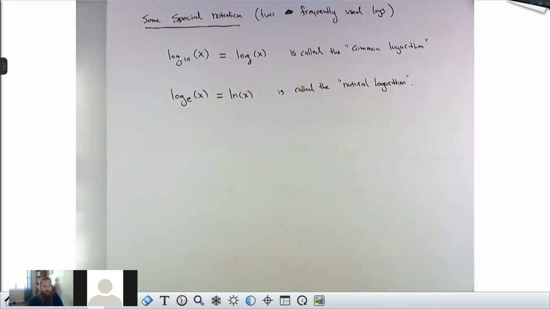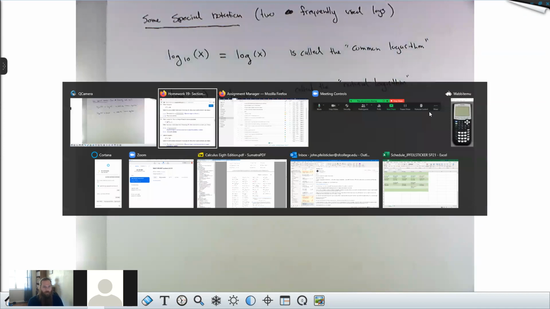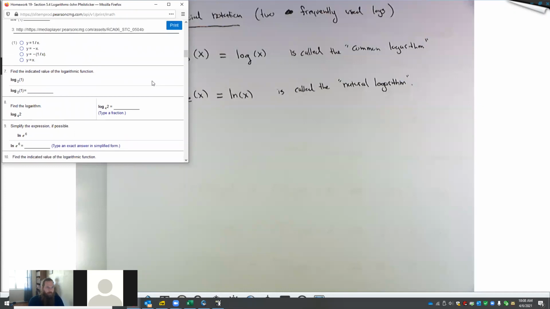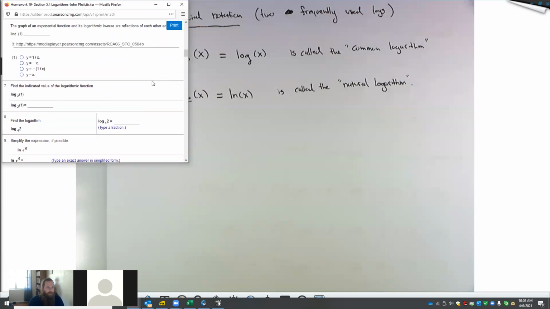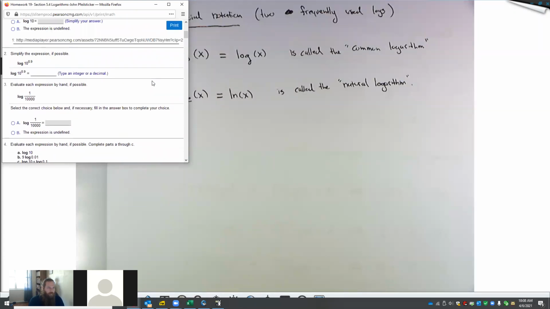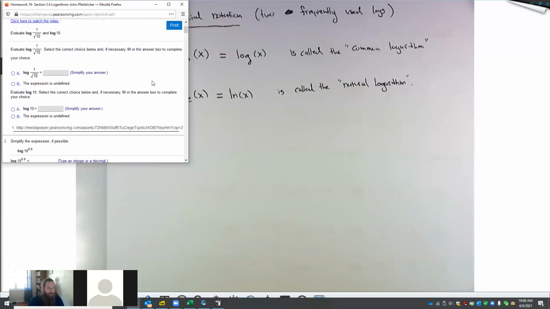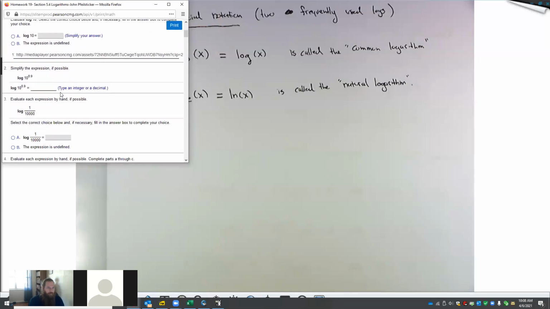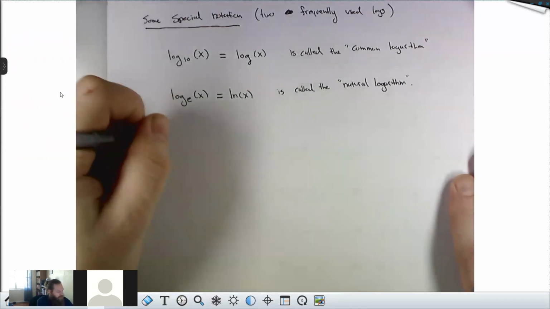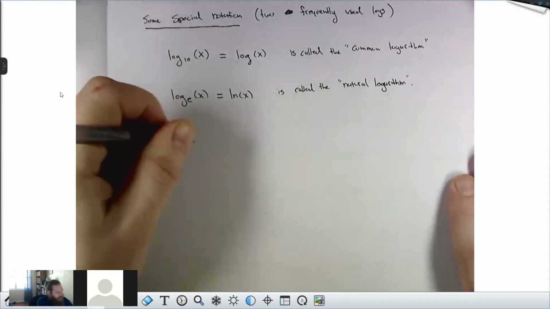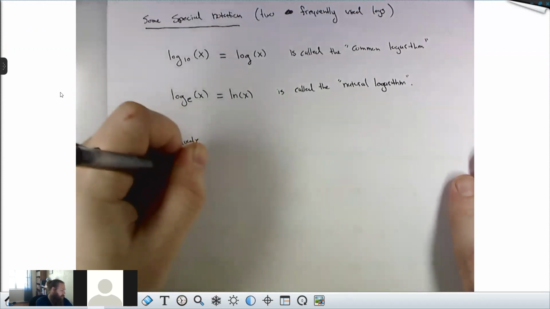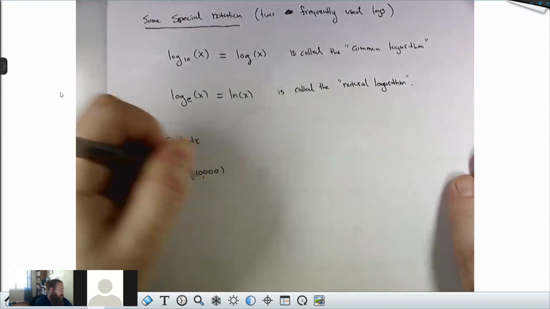Okay, so these 2 bits of notation, these are what we need in order to look at a handful of problems like this. So let's do it. Yeah, here we can take just a few of these. Let's evaluate the log of, let's say, 10,000.